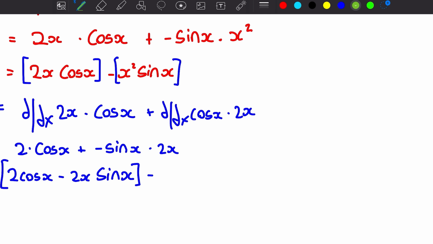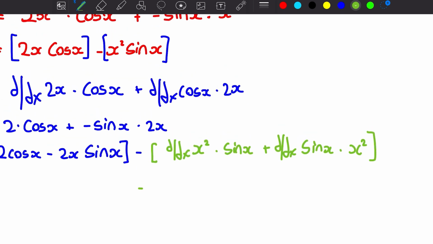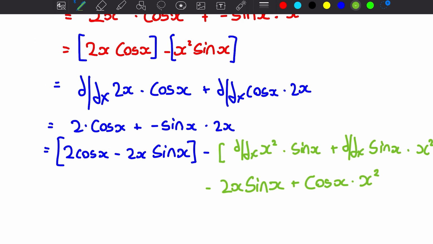So this will be worked out by minus d by dx of x squared times sine x plus d by dx of sine x times x squared, which is then minus, this would be 2x sine x plus the derivative of sine x is cos x times x squared. So we'll just write everything back now.